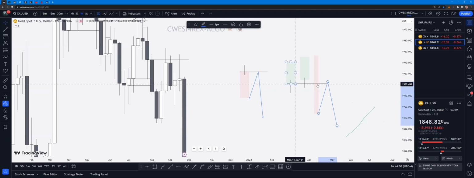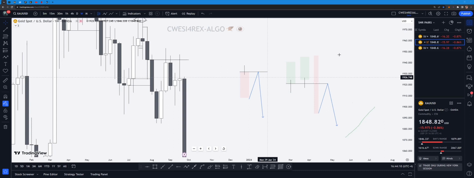The same level. And then price drops. It's a high probability setup. This is what I prefer. So you can draw the opposite of this.